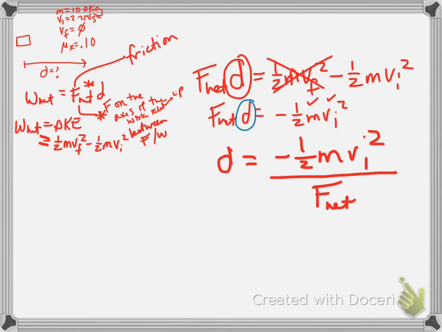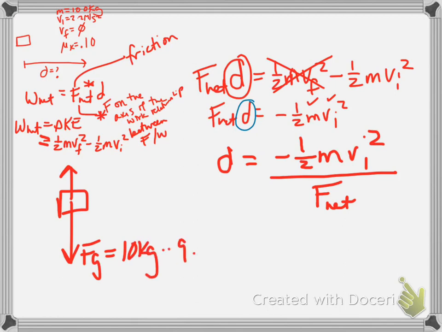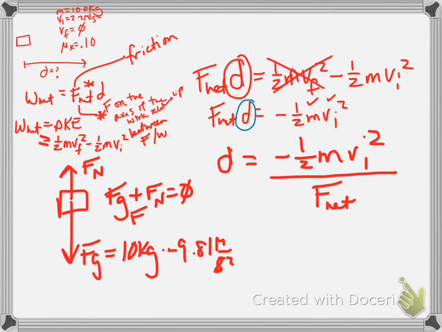Yeah. And this is not terrible, because it's certainly not anything like the 4D problems, but we do have to say, well, the force of gravity here is 10 kilograms times negative 9.81 meters per second squared. And that's going to equal the normal force because Fg plus Fn equals 0. So negative Fg equals Fn.